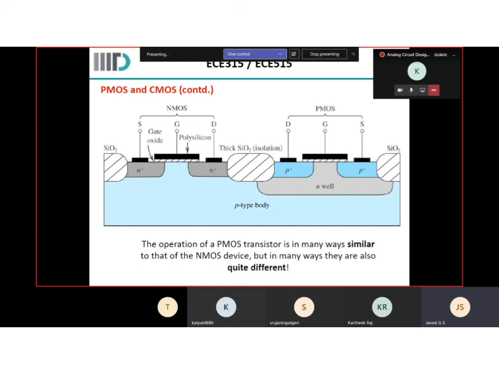So it is inherently connected to the body bias itself. If it is placed in an NWELL, you will have a third terminal. If it is not placed in an NWELL, it will have 2 terminals only. Right? Okay. The reason you have a third terminal in a resistor is because it is placed within an NWELL, and you need to bias it and keep it at VDD, so that there are no effects, that is the isolation that is generated.